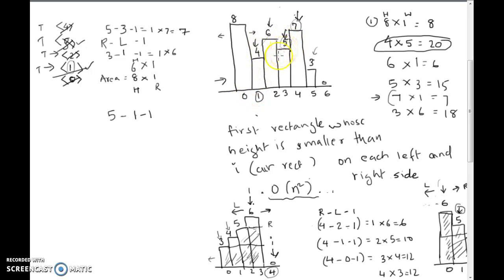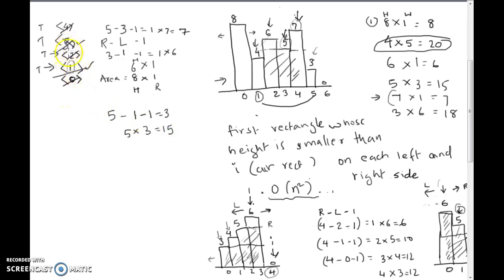So 5 minus 1 minus 1, which is the interval that we are processing, excluding these. Which makes sense, because 5 is extending here all the way.